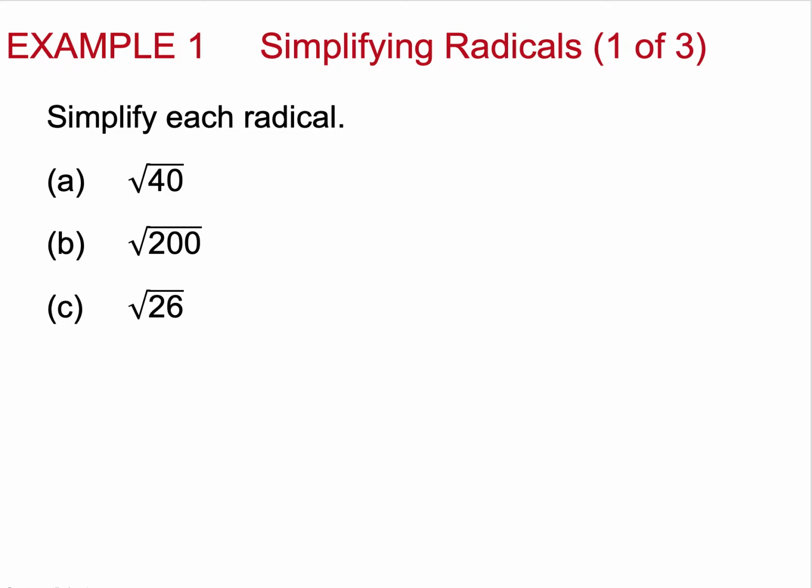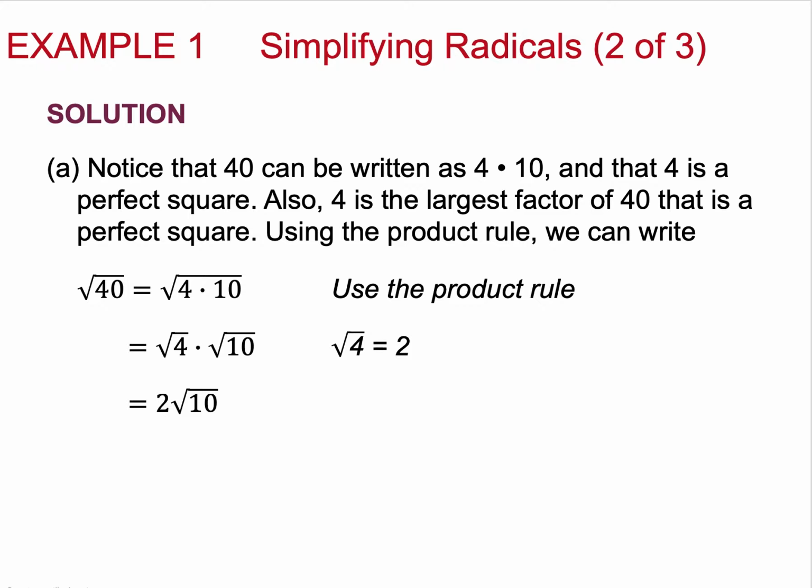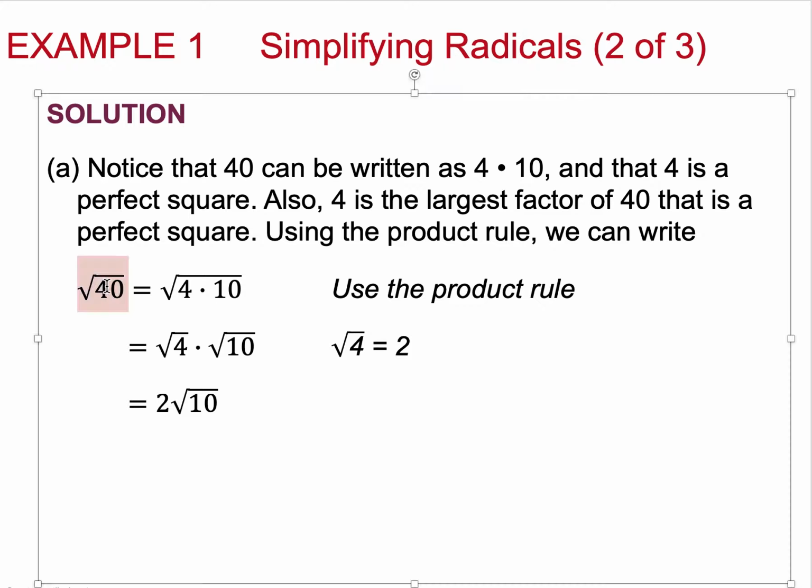If I want to simplify each radical, I'm not actually going to be finding a product here, so you're probably thinking, why is this slide related to the previous slide? It's because in order to simplify a radical, I have to use that product rule. When I simplify a radical, I want to write the number 40 as a product with at least one perfect square.